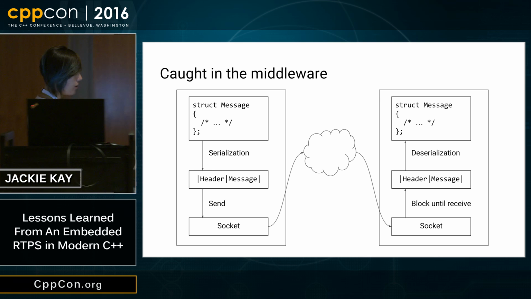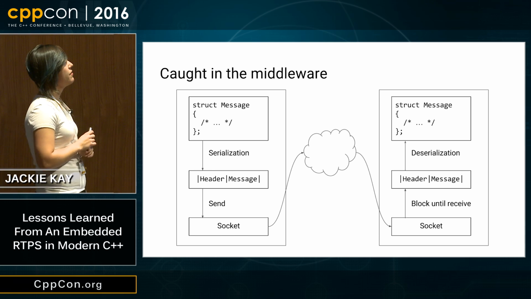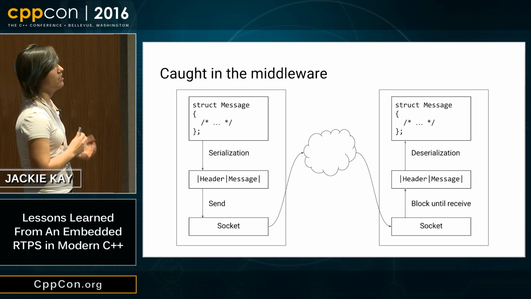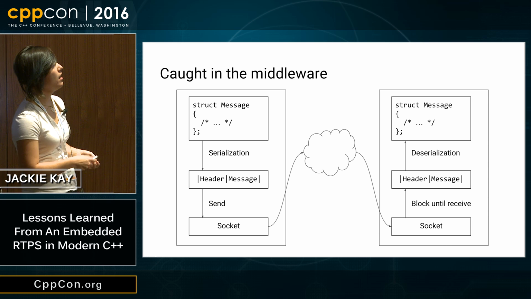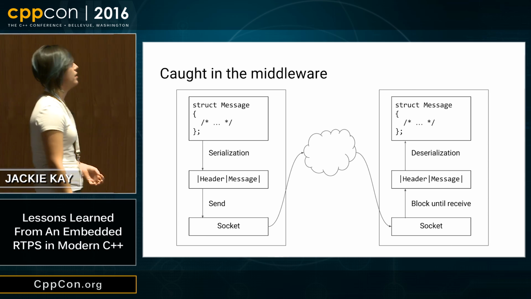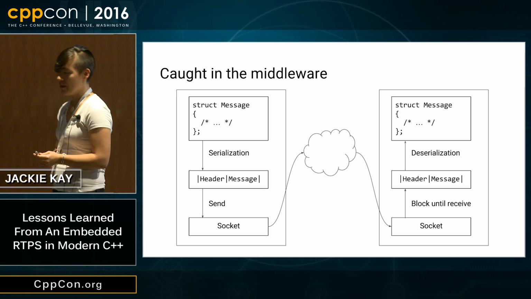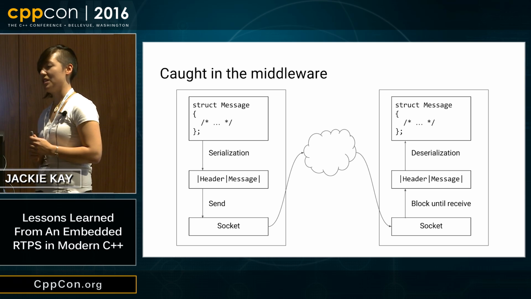And this is a very simplified view of what might happen. You have an in-memory representation of a struct, of a message that you want to send. And then you serialize it to some byte format that is agreed upon by the two endpoints of communication. And then you have some function that stuffs that serialized byte stream into a socket.